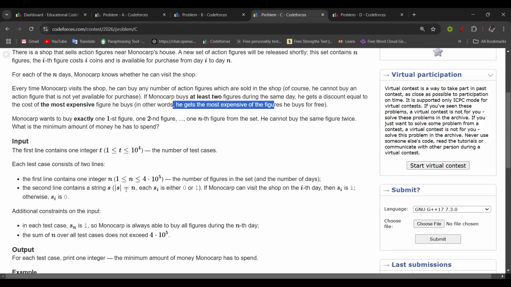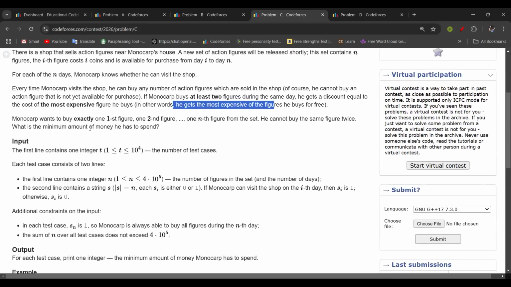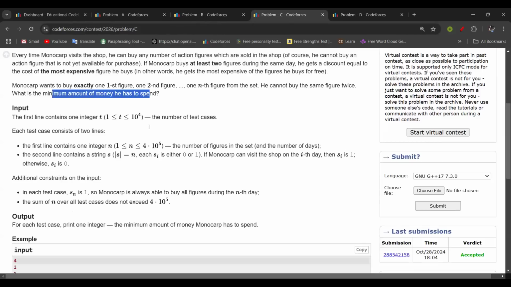You need to find the minimum coins Monocarp would need to spend in order to purchase all the items exactly one time. He cannot purchase anything more than one time. He wants to purchase all the figures exactly one time. So what is the minimum amount of money he has to spend?